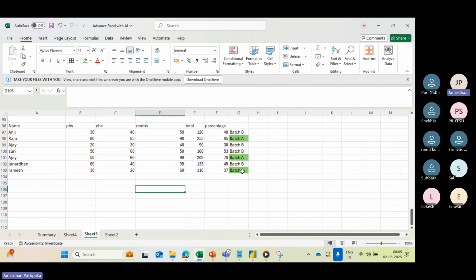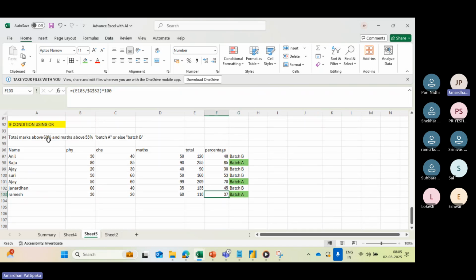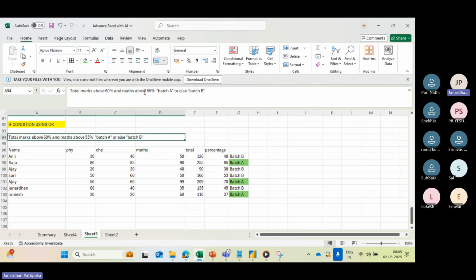See, when you look at this, it will appear somewhat peculiar. His total percent is 37 only. But here total marks should be 60, so this condition has failed. But when you look at his maths marks, it is 60. That means he is getting above 55, not 55%. Marks will be above, we can say above 55.